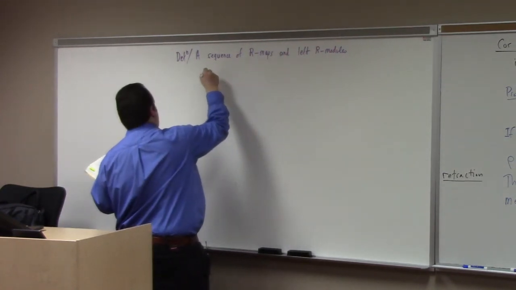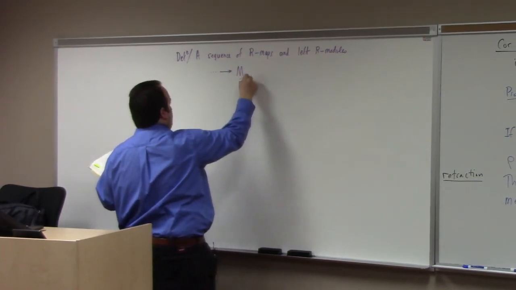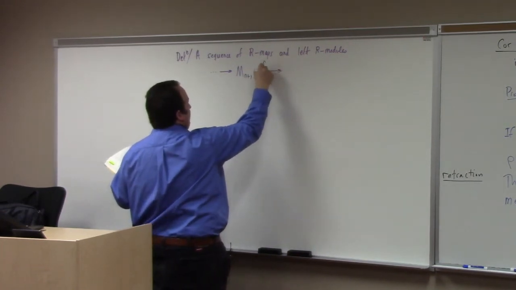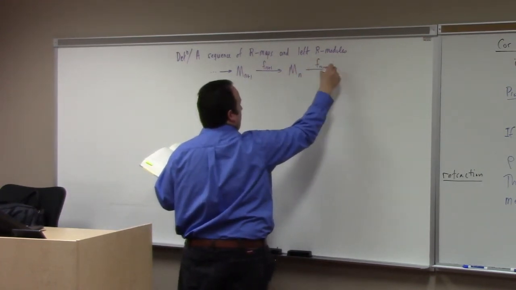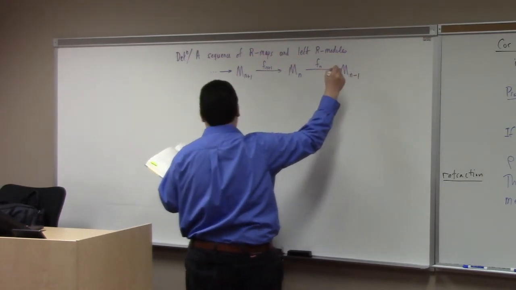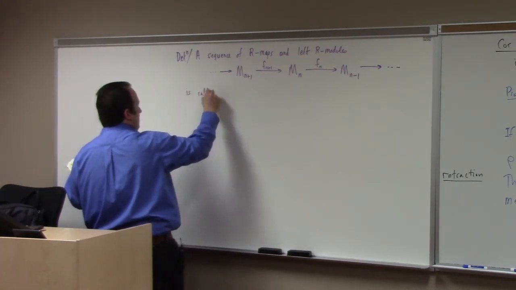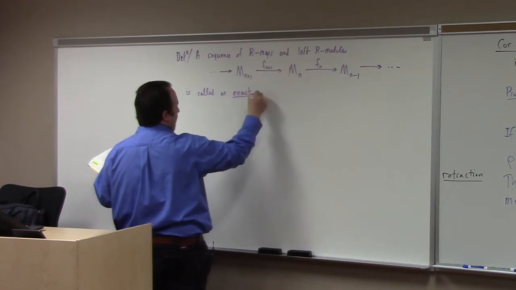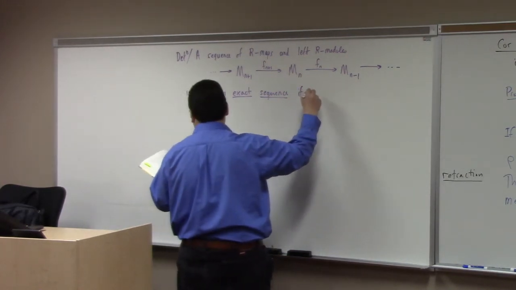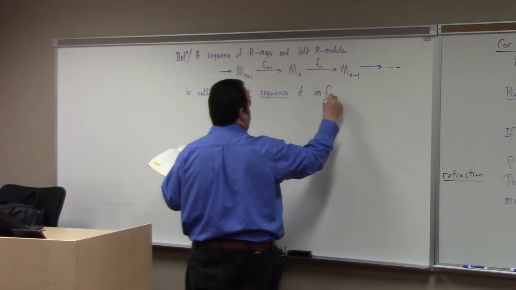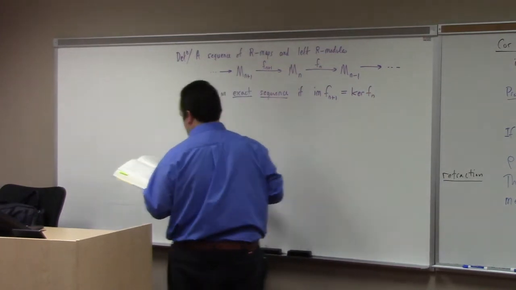So here's the diagram for it: dot, dot, dot, M_{n+1}, F_{n+1}, M_n, F_n, M_{n-1}, dot, dot, dot, is called an exact sequence if the image of the (n+1)th map is equal to the kernel of the nth map for all n.